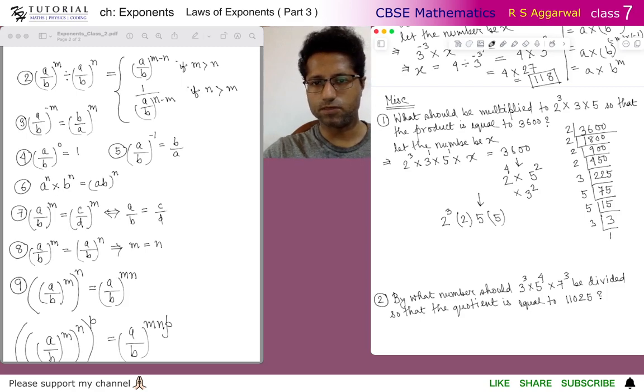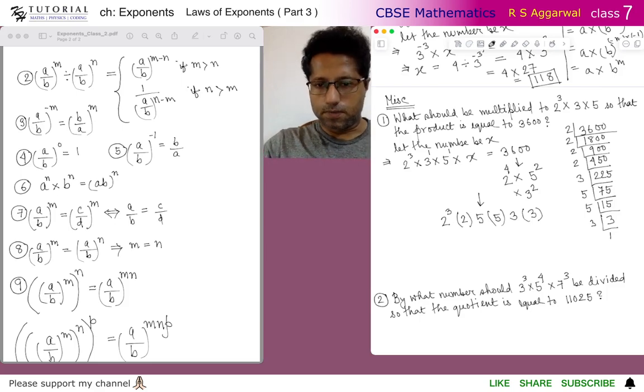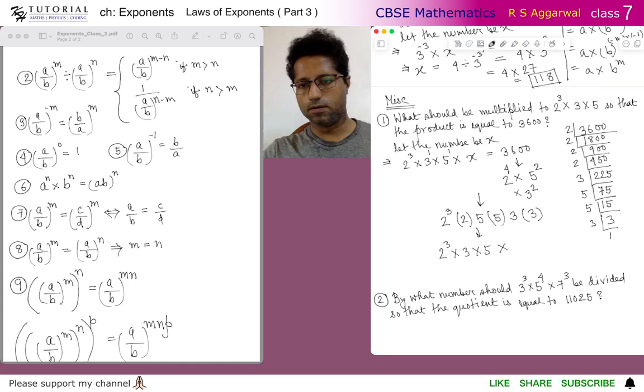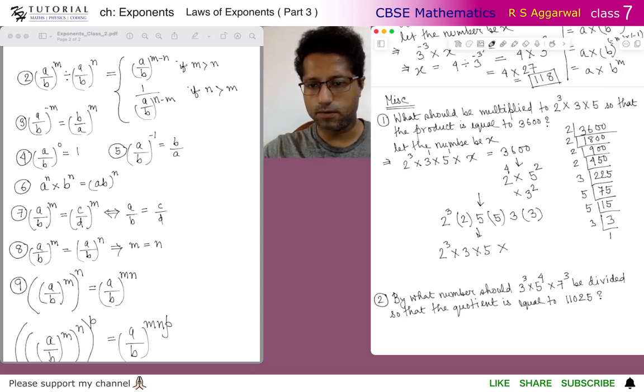Now on the left hand side there is 3, but on the right hand side we have 3 square, so there will be 3. So this becomes now 2 cube into 3 into 5, and if I keep all the numbers inside the bracket together, we have 2 into 5 into 3.